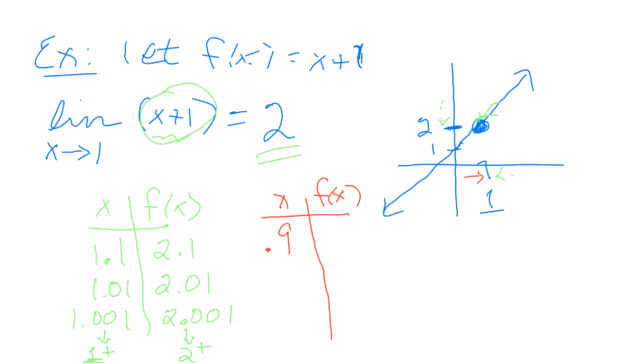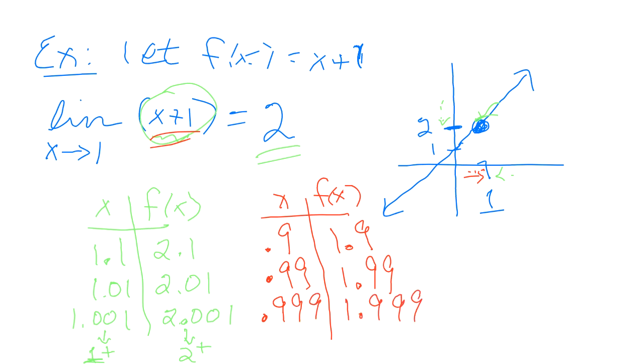If I plug that in to x plus 1 here, I'm going to get 1.9. If I want to get closer and closer to 1 from the left, I could plug in 0.99, plus 1 is 1.99 for my height. And if I plug in 0.999, add that to 1, I'm going to get 1.999, and it's pretty obvious what's happening here.